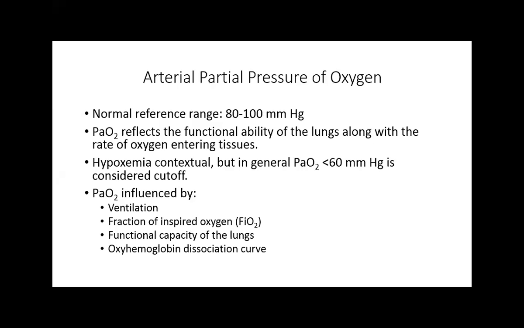And then there's the oxyhemoglobin dissociation curve: how much of that oxygen is going to be carried by the red blood cells, because very little dissolved oxygen is present in the aqueous compartment. It's being carried by hemoglobin.